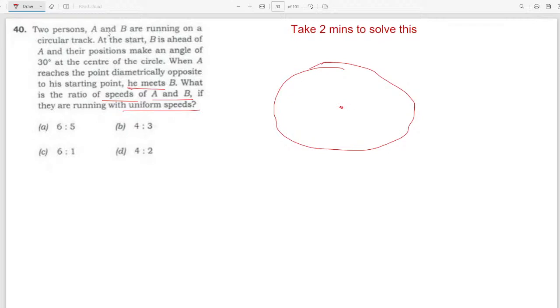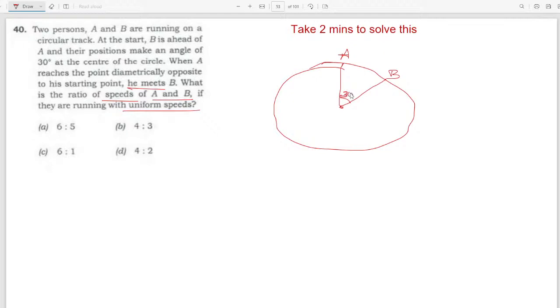So they're saying two people are running, A and B, and at the start, B is ahead of A. Let this be the position of A, and B is ahead of A. The positions make an angle of 30 degrees at the center of the circle.